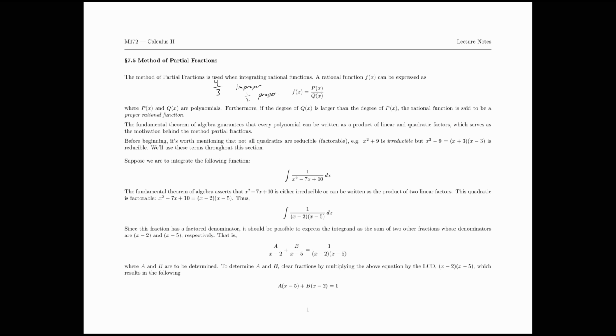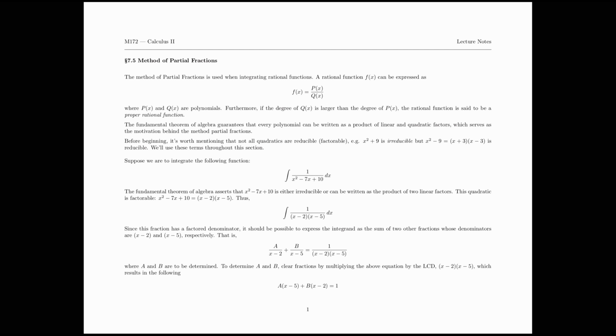Same idea, but in this case, an improper rational function would be something like, let's say, x cubed minus x over x squared plus 1. Here, the degree in the numerator is 3, the degree in the denominator is 2, so the degree is higher here, so this is considered an improper rational expression. Partial fractions works when we have proper rational expressions or functions.